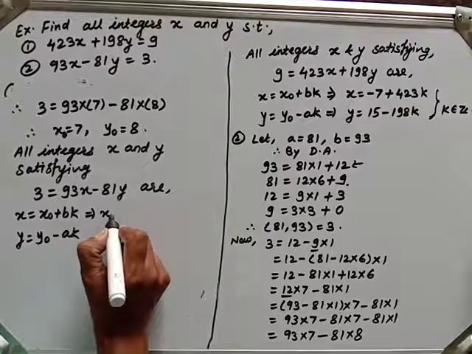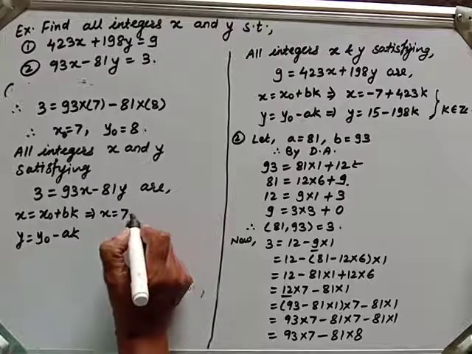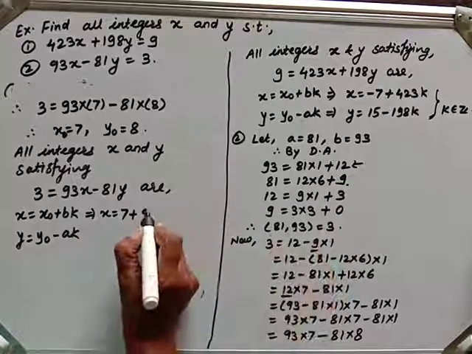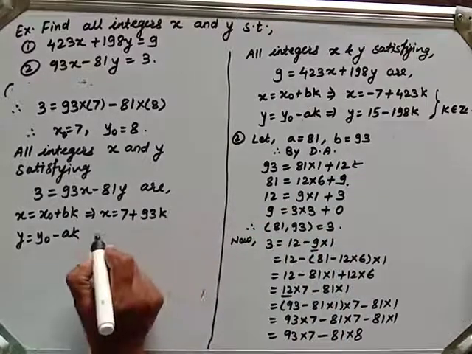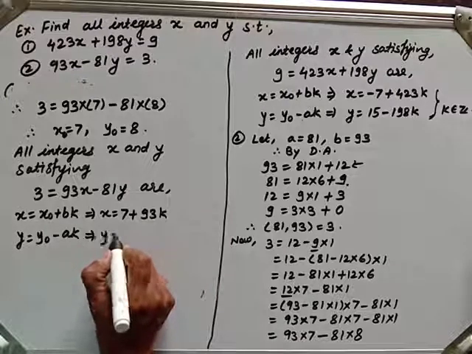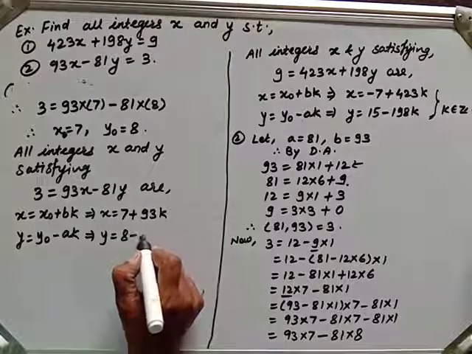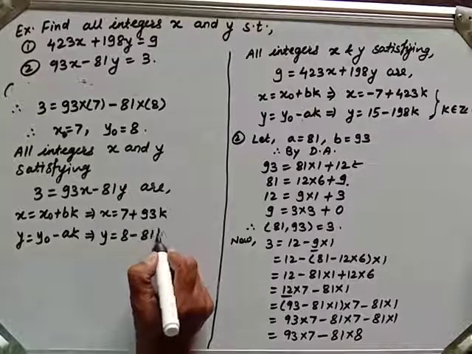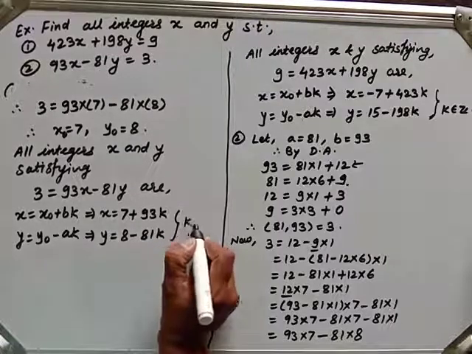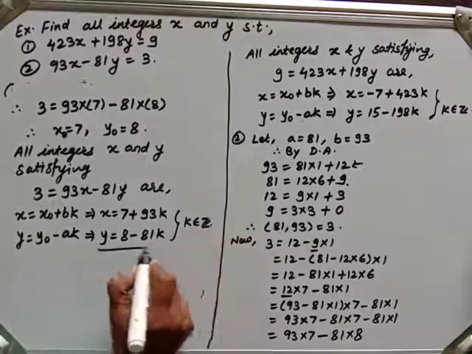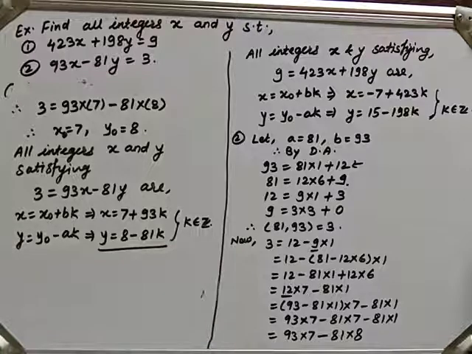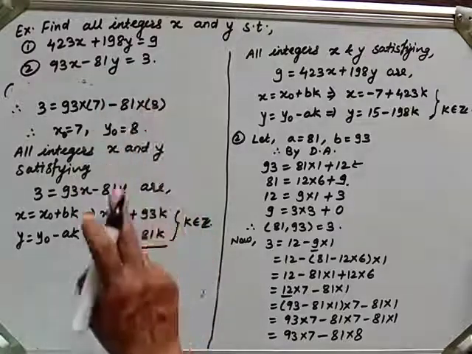So x is 7 plus 93 into k, and y is 8 minus 81k, where k is an integer. So all these integers will satisfy this second equation.